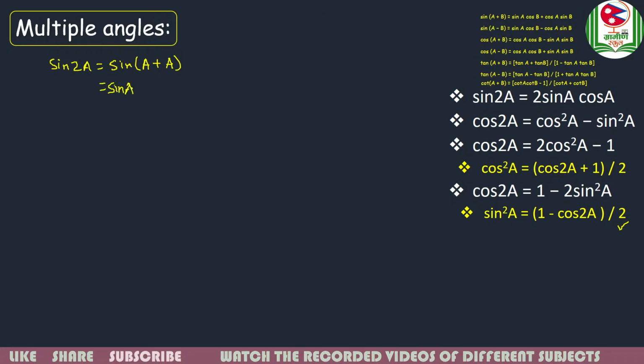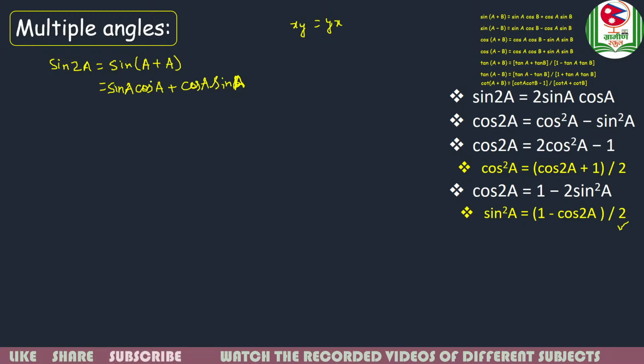sin A cos B, and here there is no B but it is A, so we replace B by A, plus cos A sin B. As we can see, sin A cos A, and this is cos A sin A, so we can say xy is equal to yx.